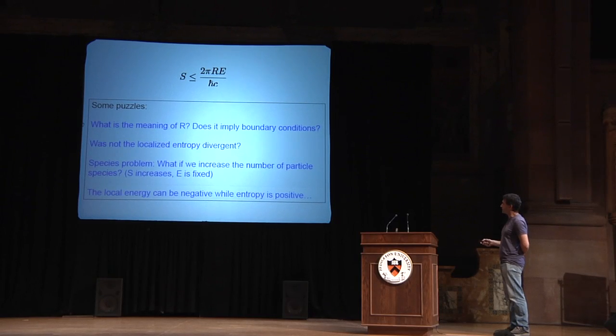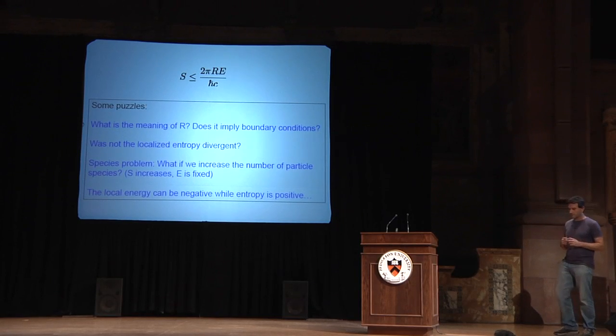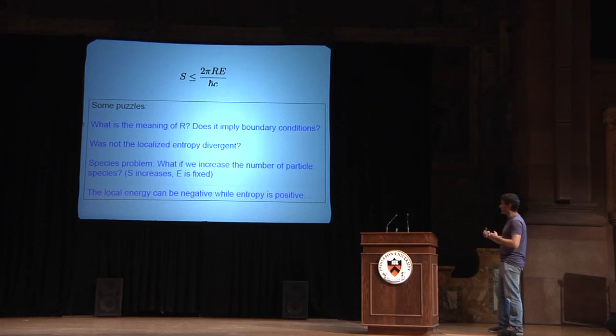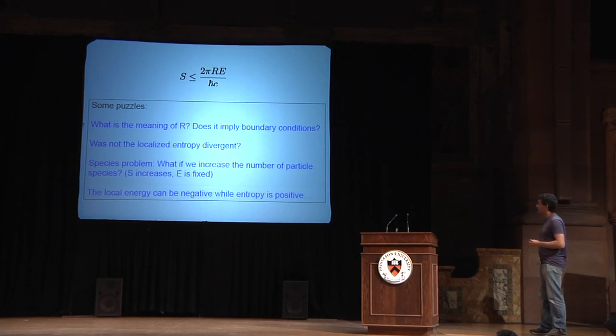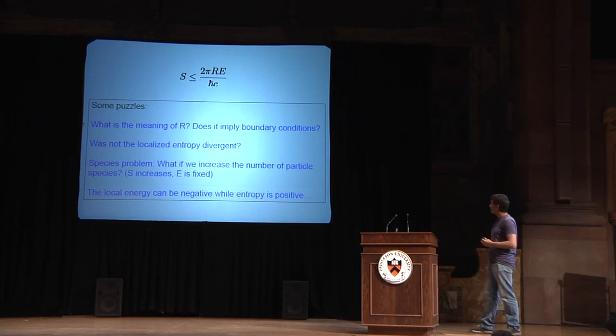For example, what is the meaning of R here? If we have a quantum system, this R is not completely well defined. It always has some tails outside some regions. So maybe this implies that one has to use boundary conditions to define the object in a specific region.